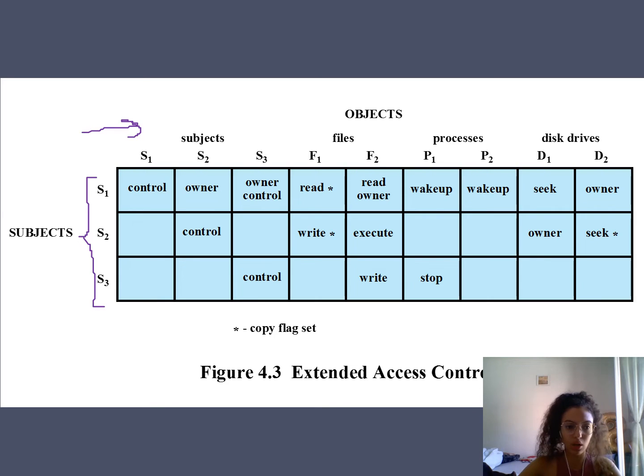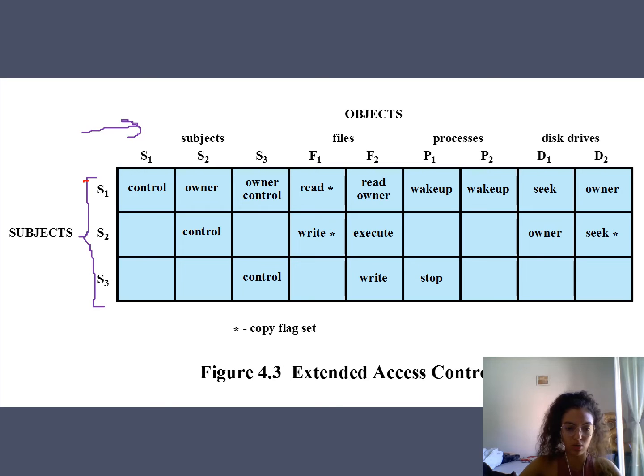In this figure, we have an example of an access control matrix. For each entry, we have strings called access attributes that specify the rights of subjects to an object. For example, in this figure, S sub 1 may read the file F sub 1 because read appears in that position.